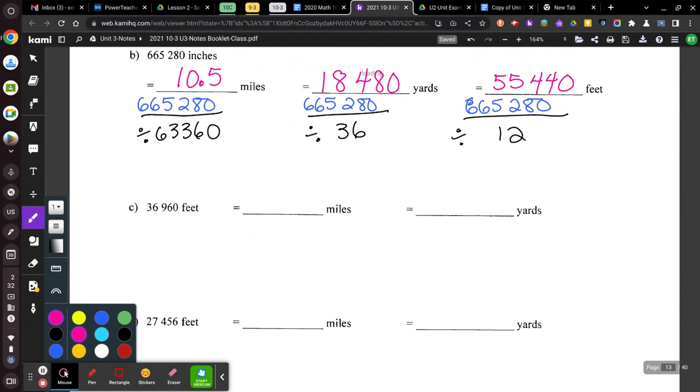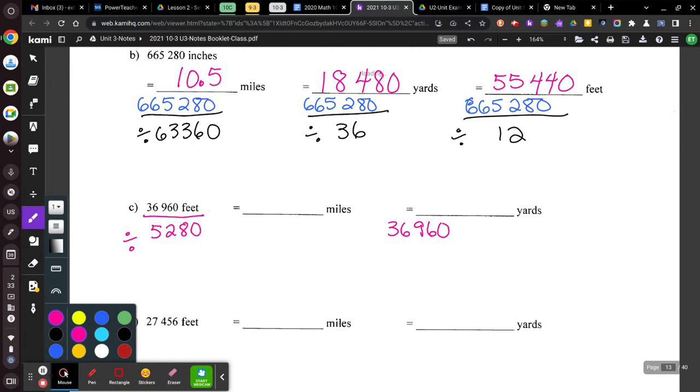Okay, on letter C, we're only going feet to miles, feet to yards. So we need to write our number over here, 36960. All right, starting at feet, and you're going to miles. Feet to mile, I'm moving down, so I'm dividing. What am I dividing by? 5,280.